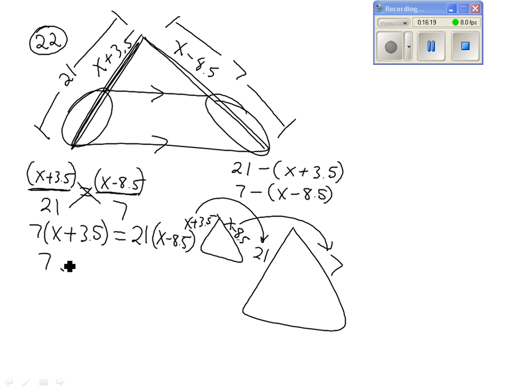We get 7x plus 24.5, then 21x minus 178.5.